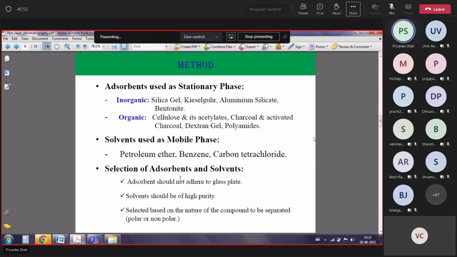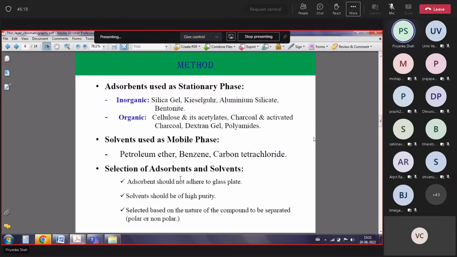So here, if we discuss the method, as an adsorbent in the stationary phase, inorganic materials like silica gel, kieselguhr, aluminum silicate, bentonite can be used, and as organic materials, cellulose, acetylated cellulose, activated charcoal, dextran gel, and polyamides can be used.